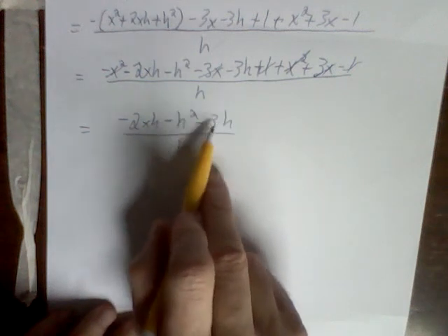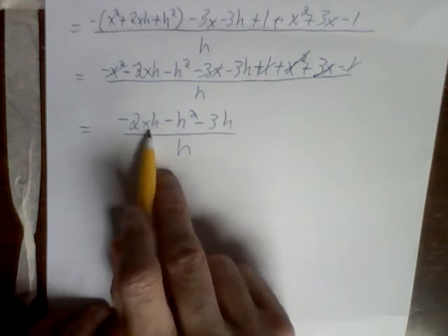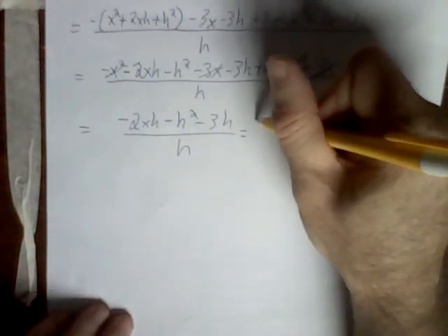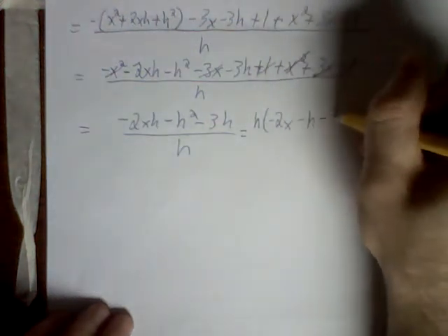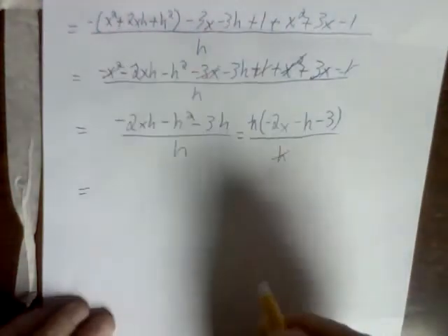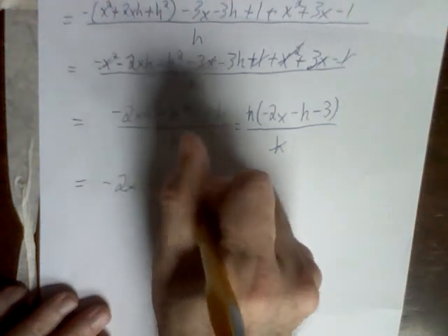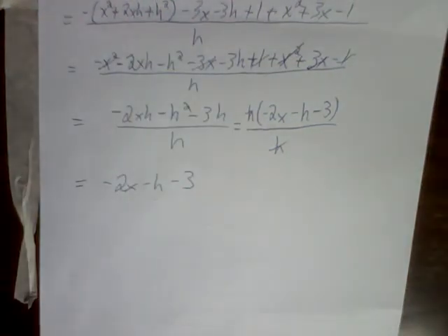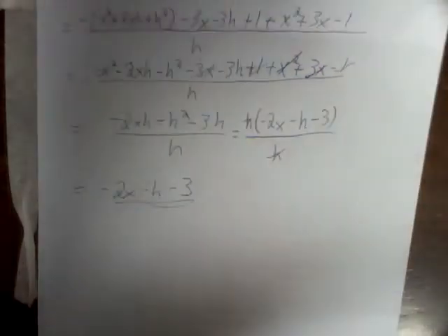So you look through here, each one of these guys has an h, and we want to get rid of the fraction. So we could factor out the h from every one of those. So h times negative 2x minus h minus 3 all over h. And then these h's will cancel, leaving us with our simplified form, negative 2x minus h minus 3. And that would be the answer the book is after. And that'll be it. Okay, bye.